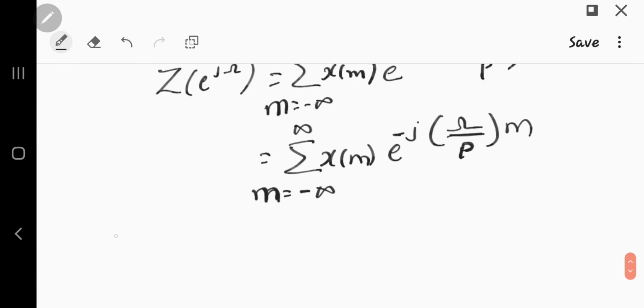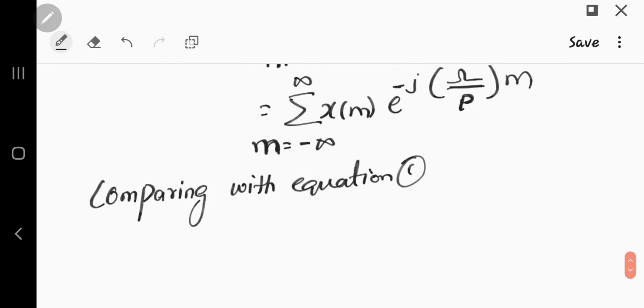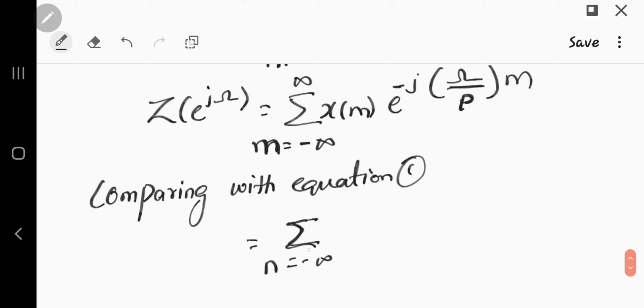Now, comparing with equation 1, I will just write this equation 1 here for reference: X of e power j omega is equal to the summation from n equals minus infinity to plus infinity of x of n e power minus j omega n.